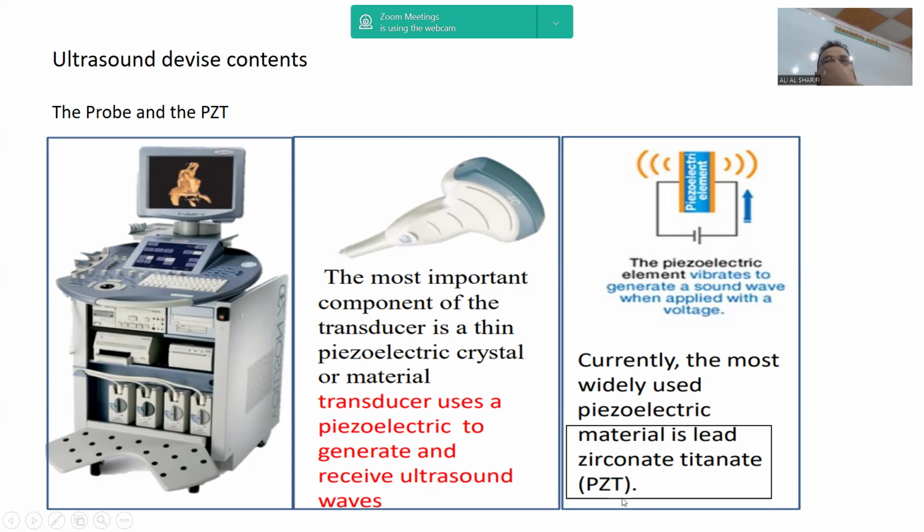It's a specific material, with a specific construction, commonly used in the ultrasound device. This structure is zirconate titanate. I hope it was the right pronunciation of these two words.